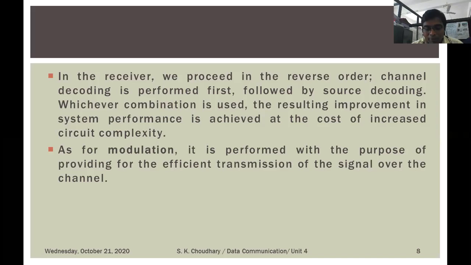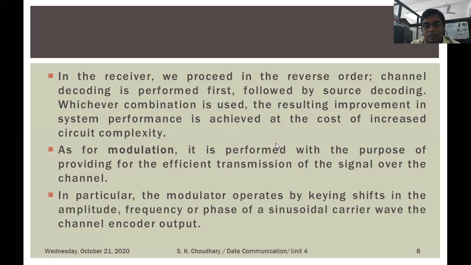Now we go to the third block, that is modulation. Modulation is performed for providing efficient transmission of the signal over the channel. How do we perform efficient transmission? By means of modulation techniques.